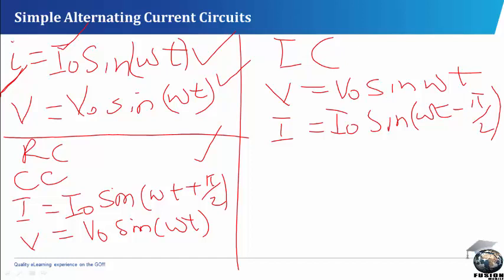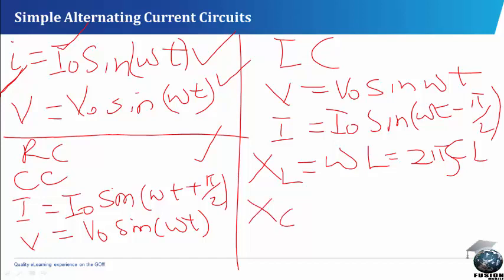Then from there we can now talk about resistance and reactance. In terms of reactance, there are two reactances we must consider. Inductive reactance, which is given as omega L, which is 2 pi FL.